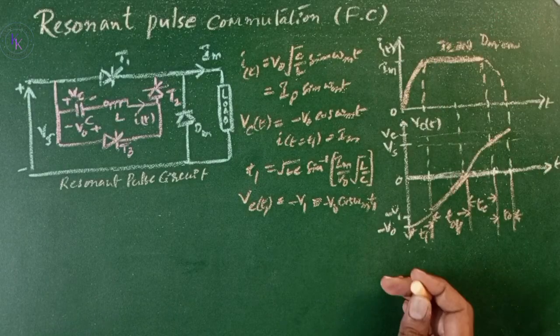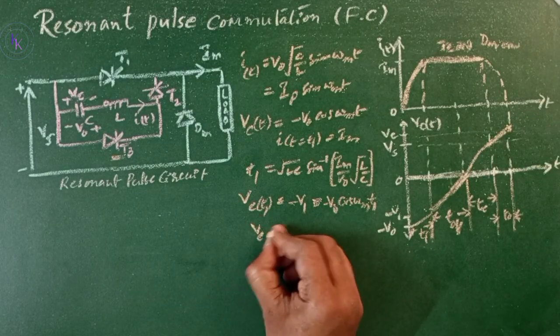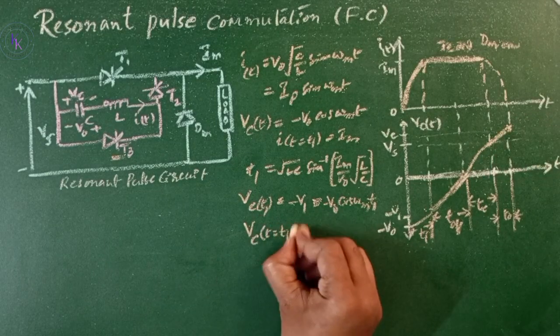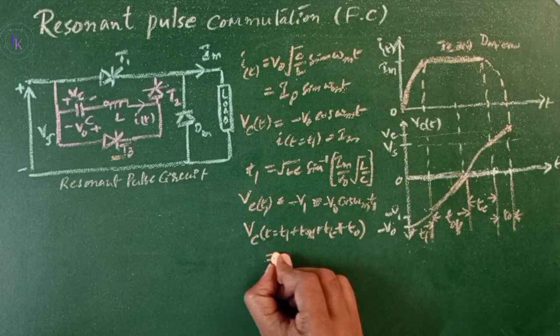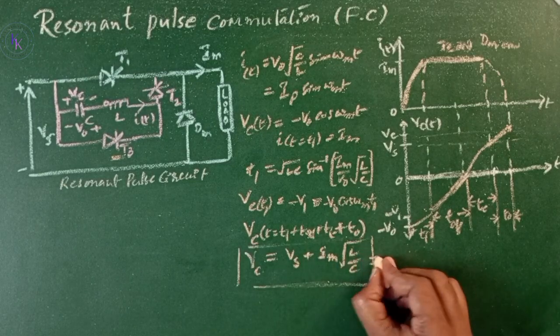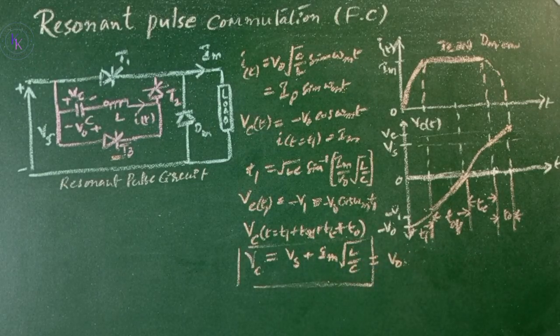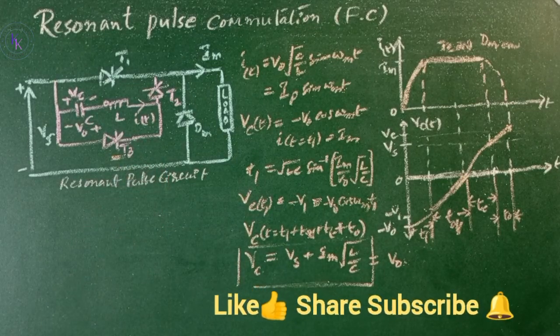The capacitor voltage Vc at t = T1 + Tc + T0 is given by Vs + Im √(L/C), which equals V0. And this can be reversed by firing the thyristor T3, as we've seen in self-commutation.